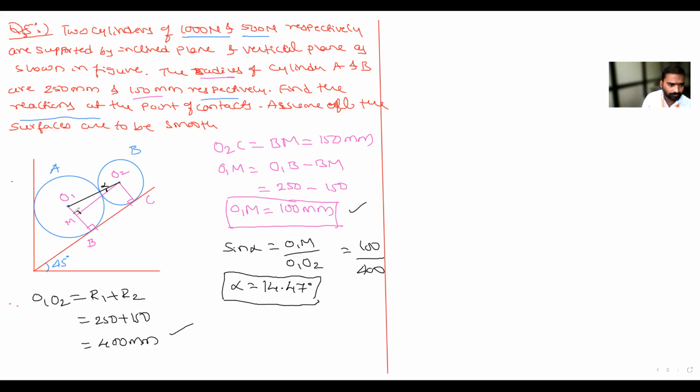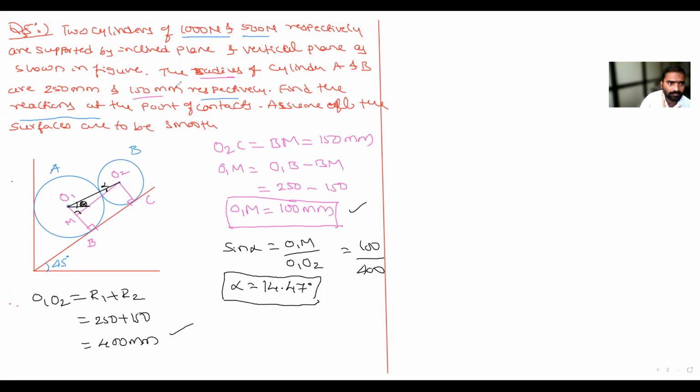Now, how much angle it is making with respect to alpha, you have to find out. So I will draw this is alpha. This is the horizontal. Sorry, this is theta.